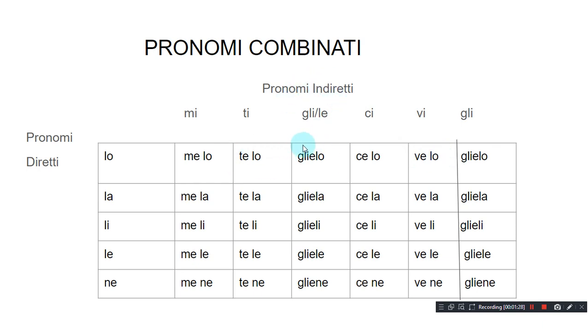But with the third singular person, gli, le, and third plural person, loro, they don't change. They just get combined with pronomi diretti.